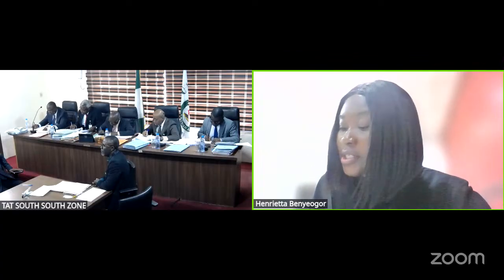In support of our motion, we have filed a 6-paragraph affidavit. In compliance with the rules, we have also filed a written address in support of our motion.